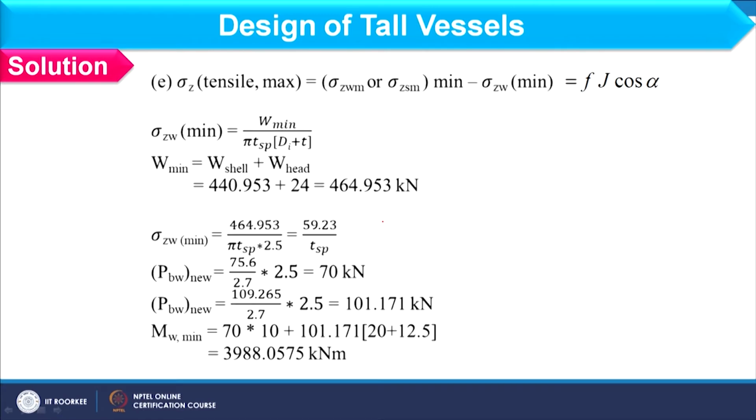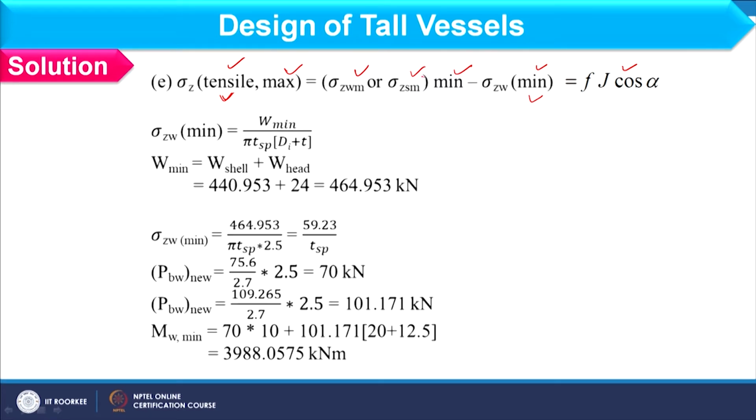So, let us start with the tensile stress. If you recall, this is the expression for sigma z tensile maximum, and in this case we consider sigma w m and sigma z s m, and we have to choose the minimum of these two, because we have to maximize this tensile stress. Further, sigma z w, the stress generated due to weight, should also be minimum, and that should be equal to f j cos alpha.